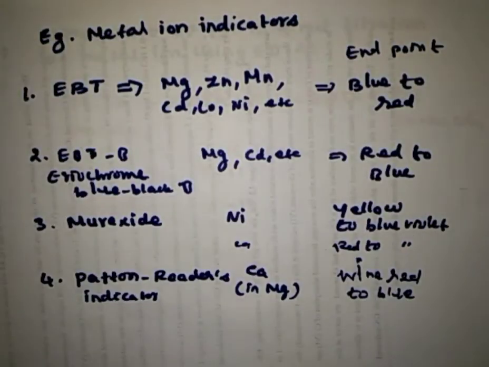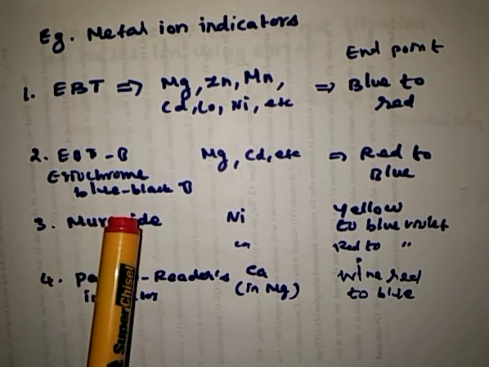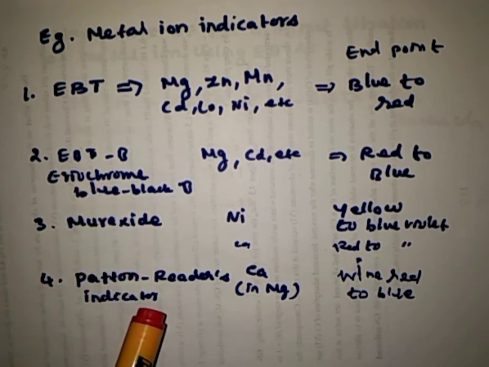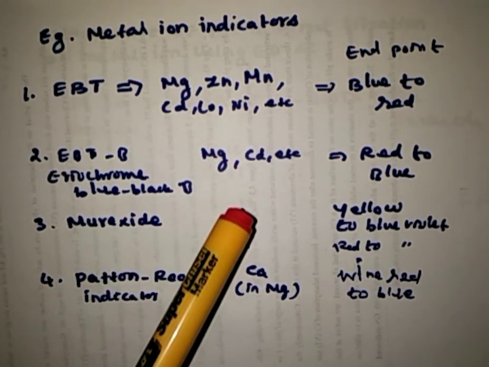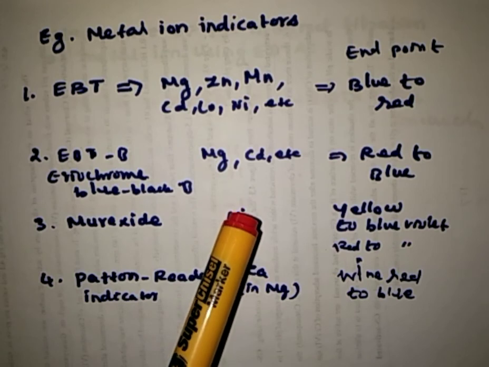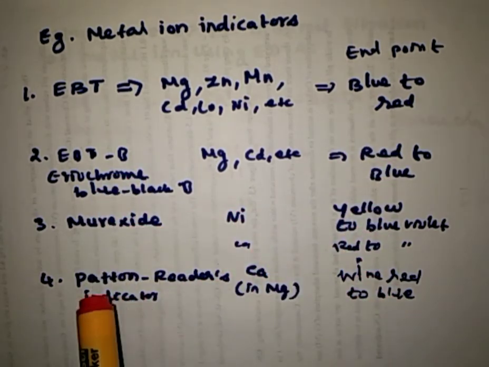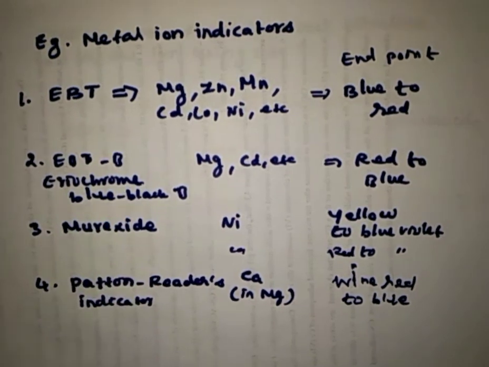We saw some of the metal ion indicators: EBT, Eriochrome Black T, Blue Black B, Murexide, and Patton-Reeder's indicator. We also discussed which metal ions can be determined using these indicators, and what color changes occur with different metal ion indicators.